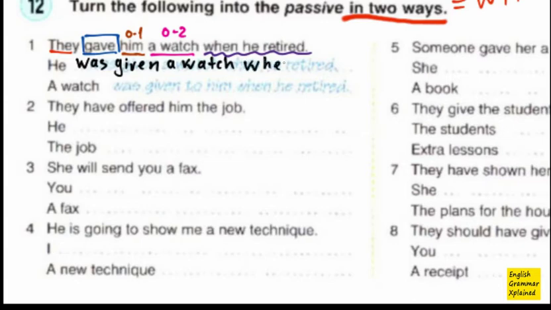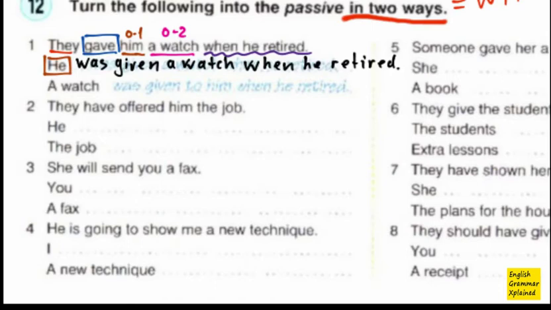It doesn't change at all. So what changed? I have this object number 1, and here it becomes my subject. Of course we cannot use they in this sentence, because that's not important, and we basically don't know who exactly gave him that watch.